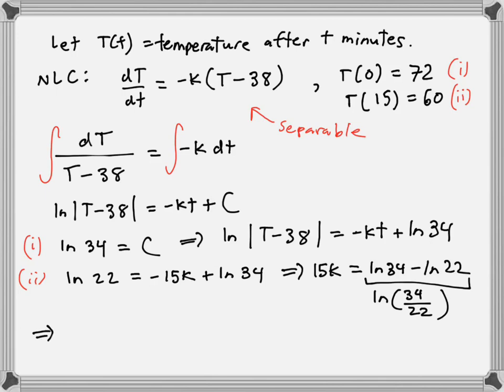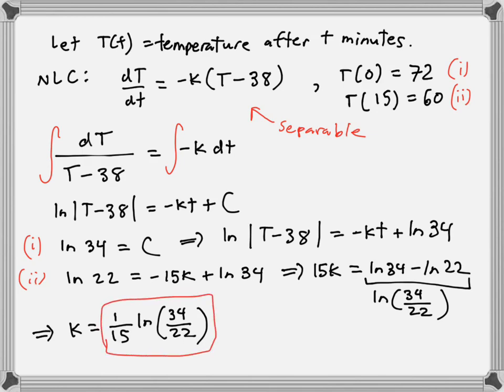And so if I solve for k, k is equal to 1/15 natural log of 34 over 22. So that's k. So now I have to replace this k in here with that, and rewrite that equation.